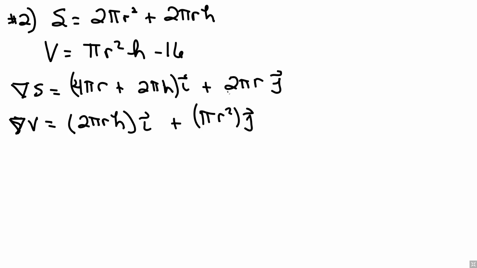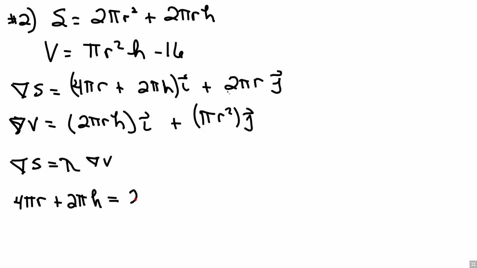Now we're going to set up our Lagrange. So we've got the gradient of s equal to lambda times the gradient of v. One equation is 4 pi r plus 2 pi h is equal to 2 pi r h lambda.